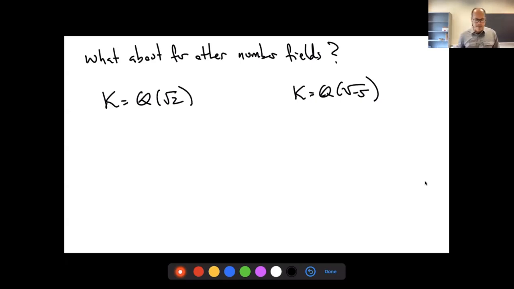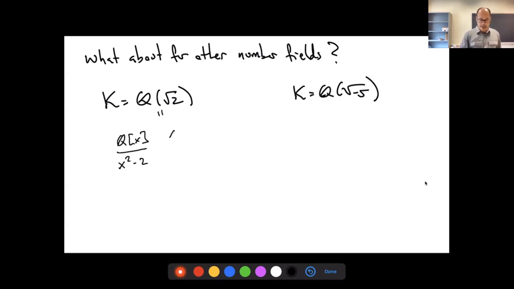In this case, basically the same kind of result applies, except we have to be a little bit careful because these things don't come with a natural embedding into the real numbers. For example, if I think about this field, even though it looks like it's sitting inside the real numbers, how I constructed it, I could write it more abstractly as adjoining something whose square is 2.